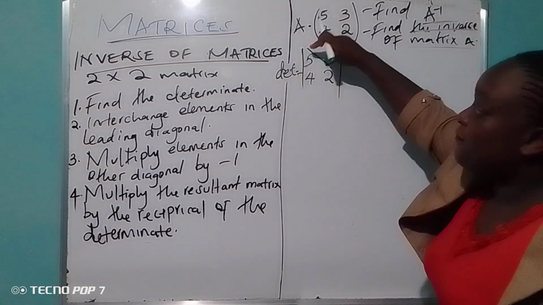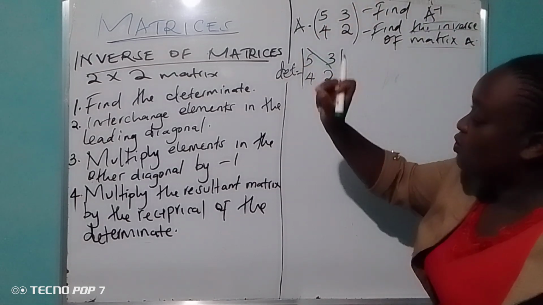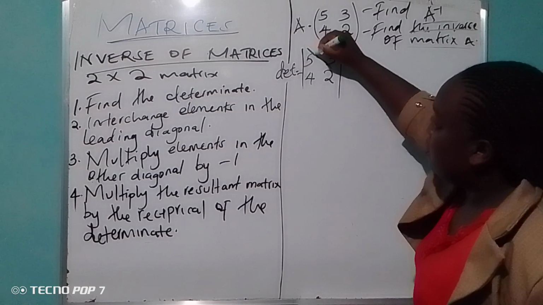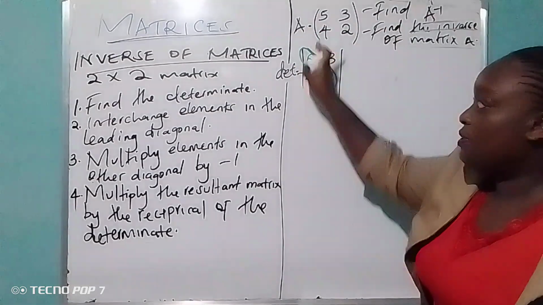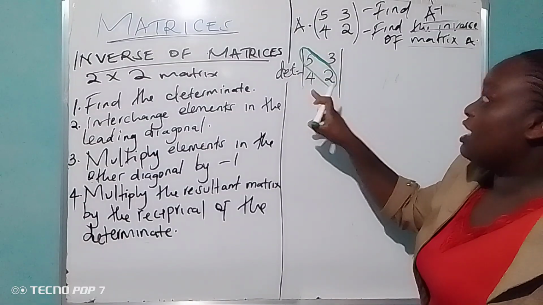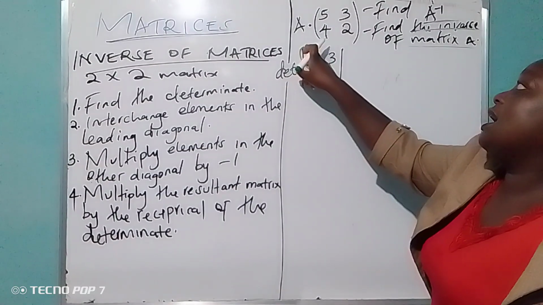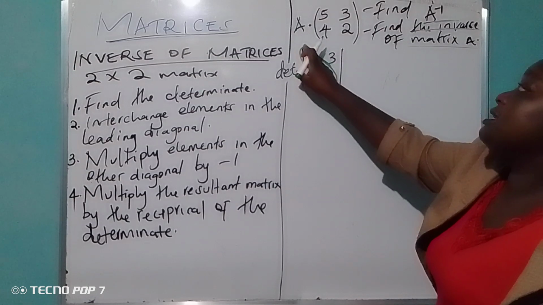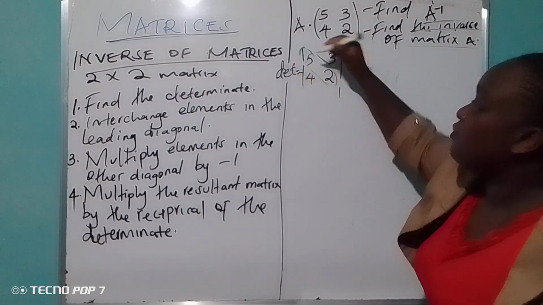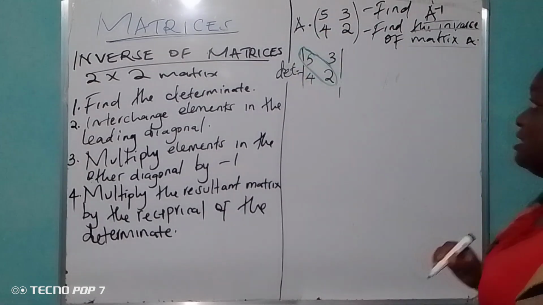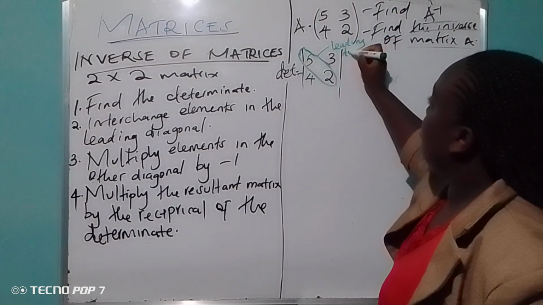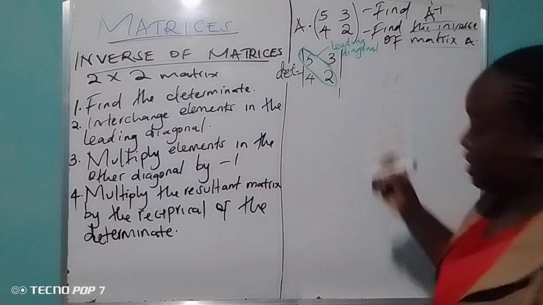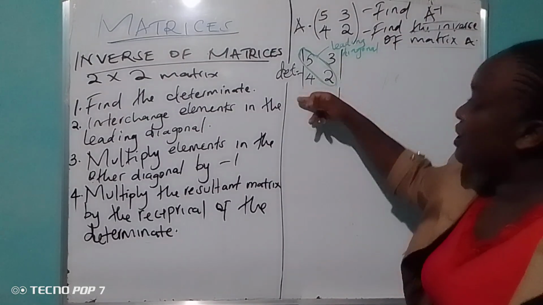You start from the element of the first column, first row, going diagonal-wise, not perpendicular. Perpendicular is at 90 degrees, but diagonal goes like this. So 5 and 2, that is the leading diagonal. Then the other diagonal is just the other diagonal.